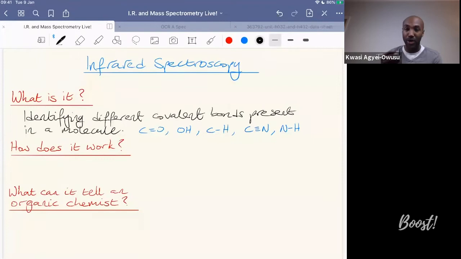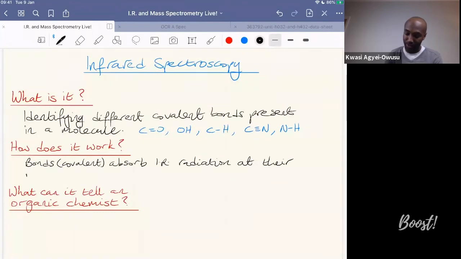You want to talk about covalent bonds absorbing infrared radiation at their resonant frequency. The frequency absorbed can be shown in an infrared spectrum.